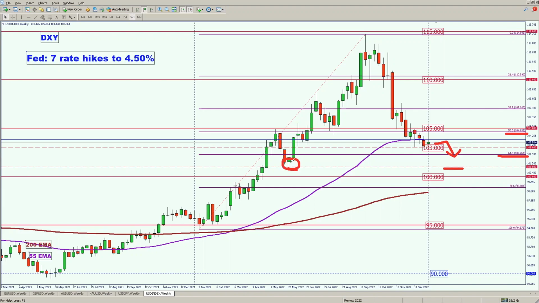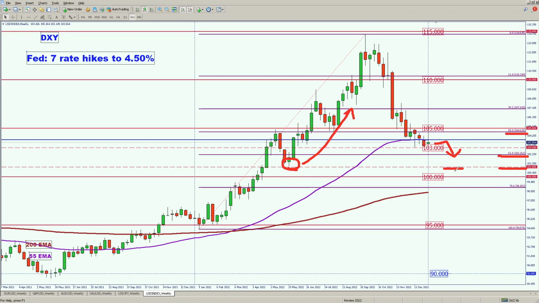There was a support before, and where it bounced off for a second rally up. So we'll see if that's going to taper off further down to 101. That's another critical support area.